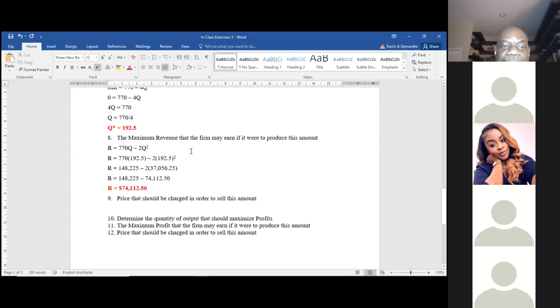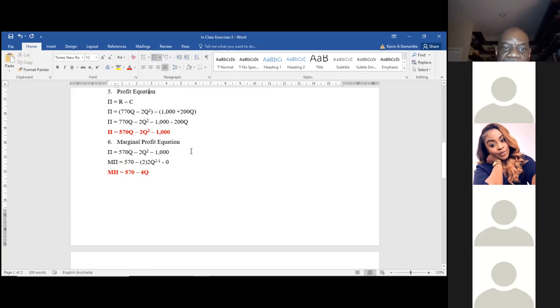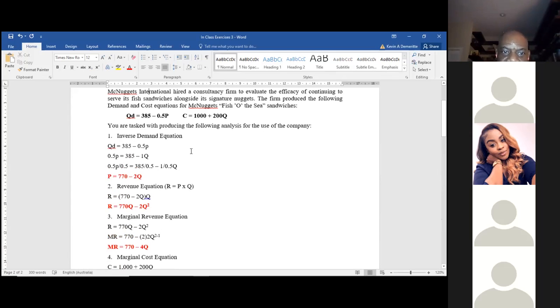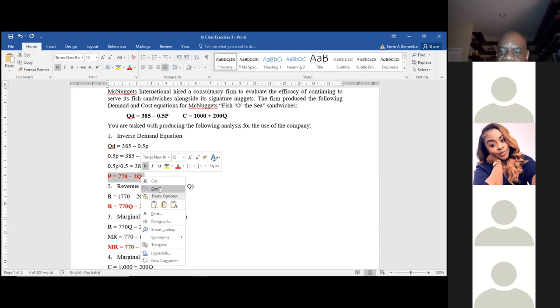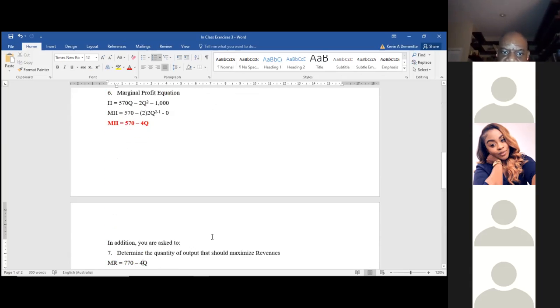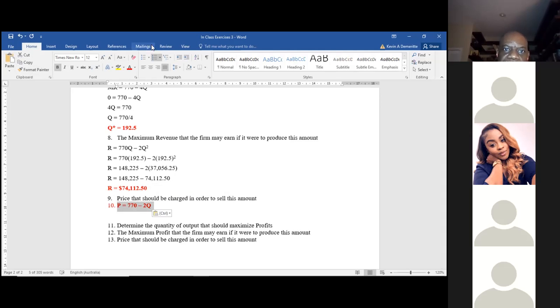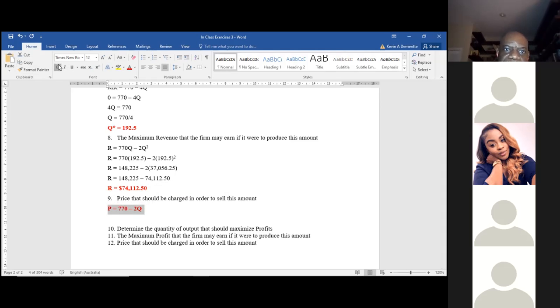So we do the same thing we did here. We take the equation and we plug in that Q that we just found. Here's our inverse demand equation. Copy. Paste. Take that out. Here's our inverse demand equation.